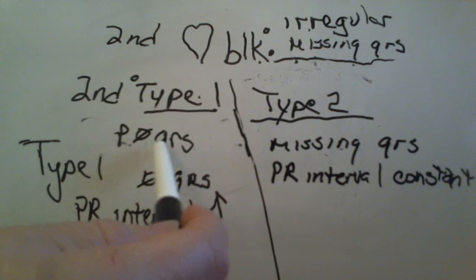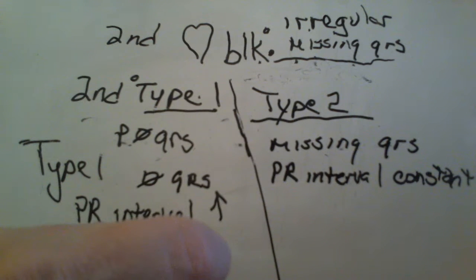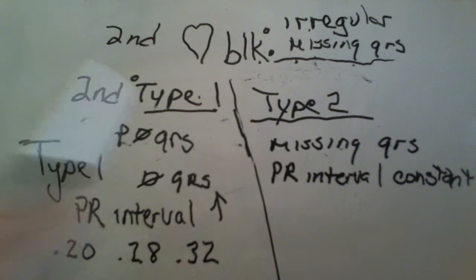There is a P that doesn't have a QRS, but the key to it is your PR intervals keep increasing in size, and then you are missing a QRS. Second degree type 2, your PR interval is constant, but you're missing QRSs. So your R to R is not regular, even though your PR interval is constant.